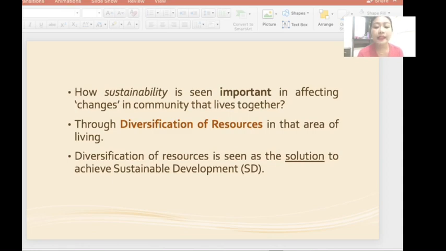Hence, next question: what tool, or how should the effort of maintaining be imposed? It is through diversification of resources in that area of living. Again, diversification of resources is seen as the way or solution in achieving sustainable development.